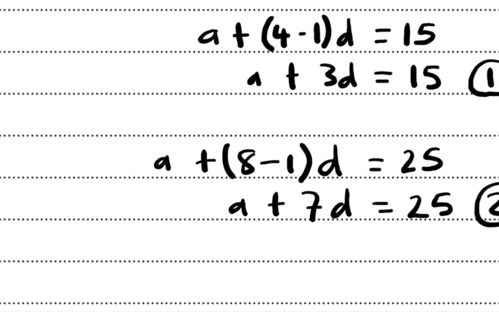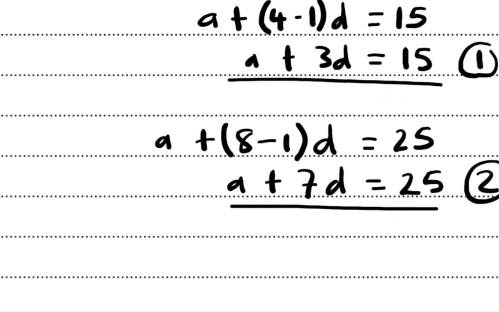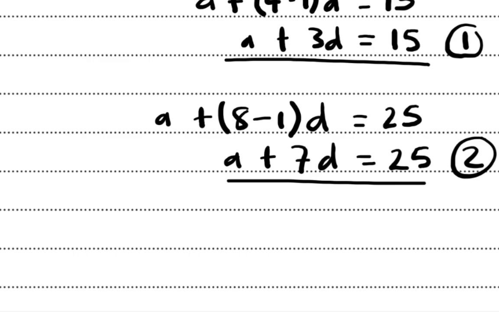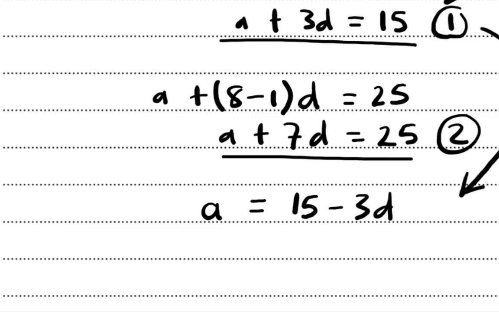Now with these two equations, we can get a and d by solving them simultaneously. I can choose to make a the subject in the first equation, and that will give us a is equal to 15 minus 3d. I'm going to substitute this a in the second one.